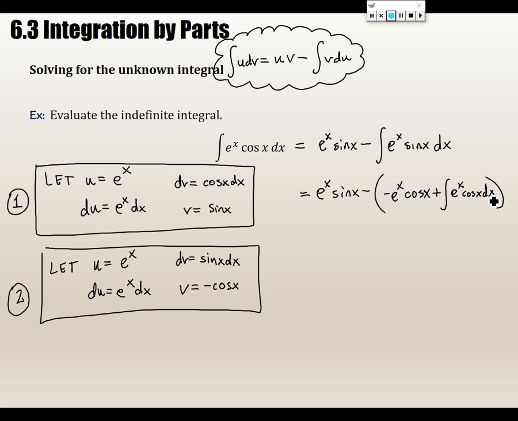Check me on the signs there. Let's just take a moment to breathe and look at this and make sure that this is perhaps not helpful, but correct. Why plus? I did minus v du. No, I haven't done anything with this minus out here yet. You do your own bookkeeping and tell me how you come out.